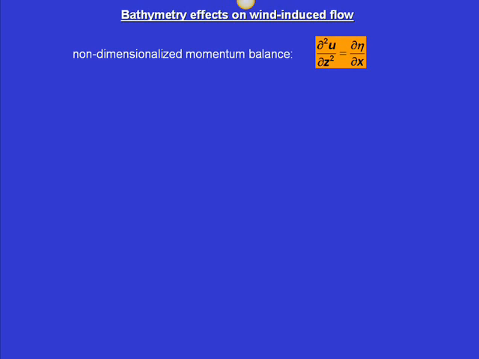So what's that momentum balance? Can you tell? Does it look like something we've talked about before? Probably, I just did this today, so probably you don't have any. So what's that momentum balance? Tricky.